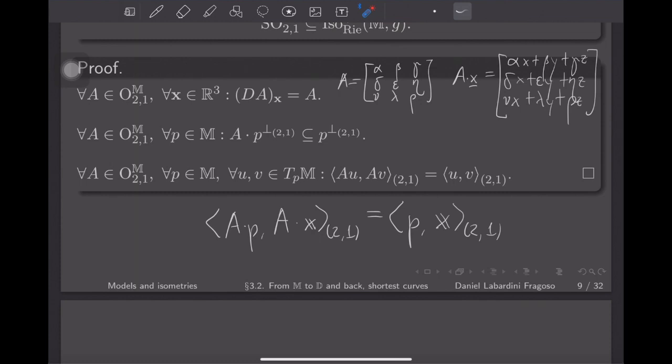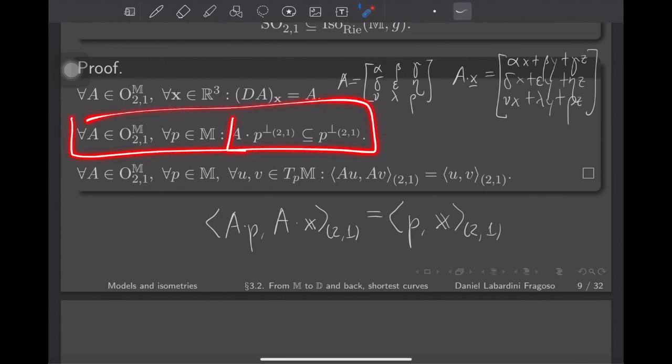Here I'm already using that A P lives in M. So for this inclusion, I'm already using that A P lives in M.